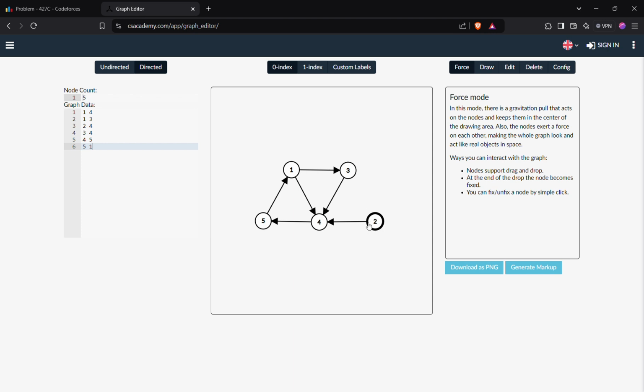So this dark circle is denoting the checkpost, because there is no way that you are going to 2 from any of the nodes 1, 3, 4 or 5. So there must exist an independent checkpost at the 2, right? So that's the thing. And this thing 1 3 4 5 is a strongly connected component. Do you agree? These 1 3 4 and 5, these four nodes are basically the strongly connected components.